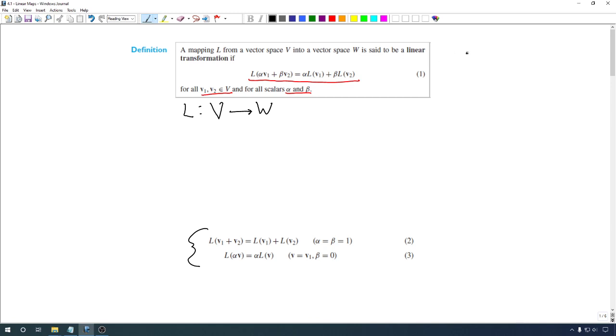Now, another thing to note here is that, because transformation is kind of a long word, a lot of times people will just refer to these as linear functions or linear maps. I'm going to try to stay clear of using function for this. I'll explain why in a moment, but I'll frequently be referring to them as just linear maps. There is actually a special case of this, a linear operator.